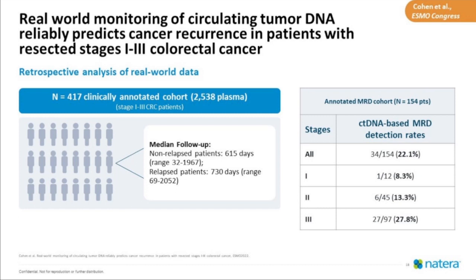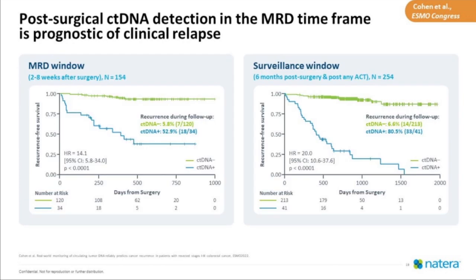As you can see here on the right side of the slide, these are the numbers of patients with ctDNA-based MRD detection rates. Obviously, you see a lot more detection in stage 2 and stage 3 disease, which you would expect, knowing the ability of tumor DNA to shed into the bloodstream.